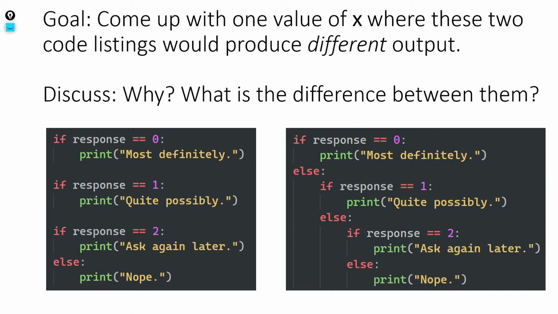Think about this for a moment and discuss with your neighbor whether or not you can imagine a response value that would lead to different outputs in these examples, and then discuss why that might be and what is the true fundamental difference between these 2 examples. We'll spend a few minutes on this, and then we'll come back and talk about it together.